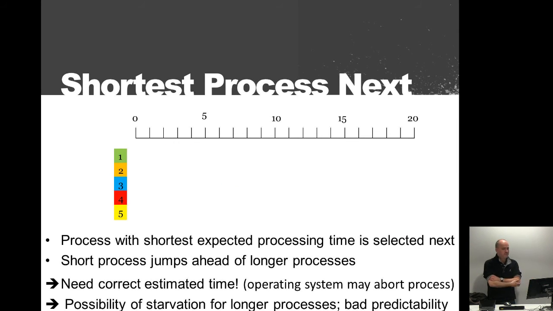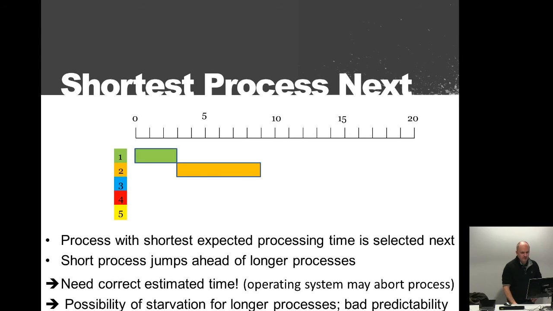Another strategy could be, okay, we know that when we have a short application, we would like to get the result quickly. A long application, we are happy to wait a bit because we knew that it would take time. So a strategy could be, when there are two processes in competition, I let the small one go first.